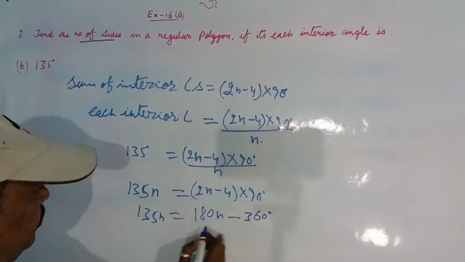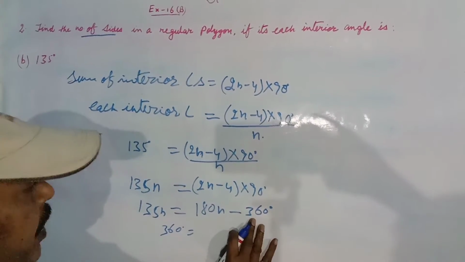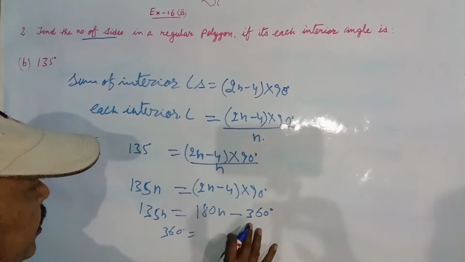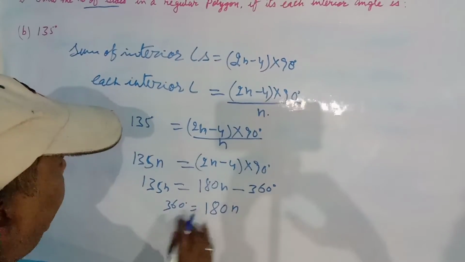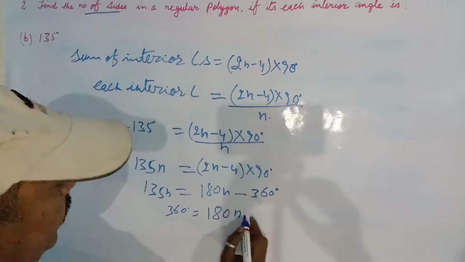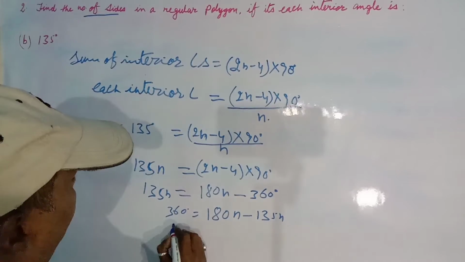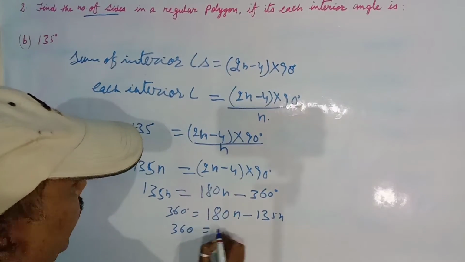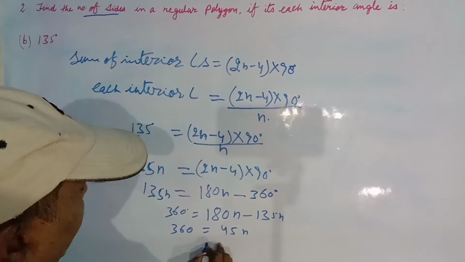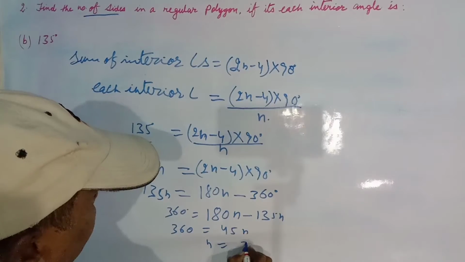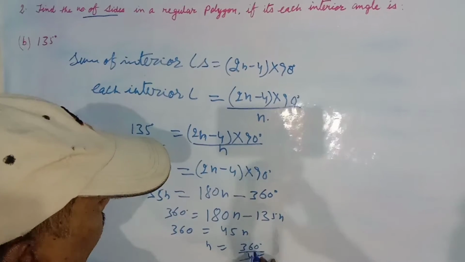Now 360 degree, we will transpose this one, here will be minus 360 degree and here will be plus 360 degree, then 180 and now 135n will be transposed here, then it will be minus 135n. Now 360 degree equals to 180 minus 135, means 45n, and now n equals to 360 divided by 45, 8.